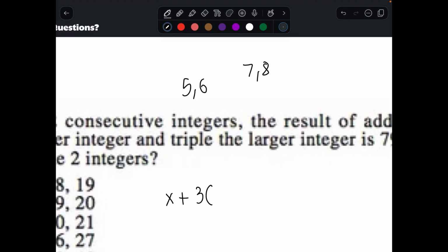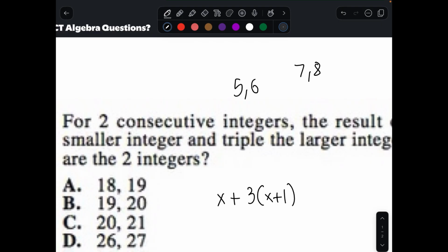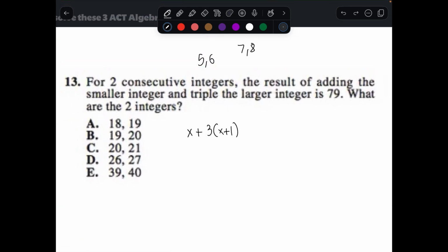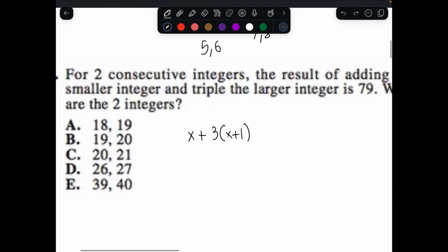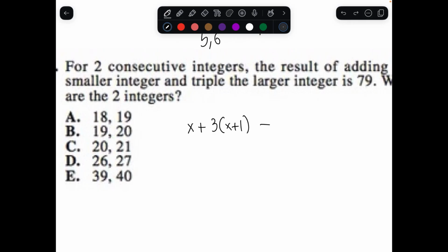So you get the idea. For x, the consecutive integer to x would be x plus 1, right? Because here the consecutive integer is just that number plus 1. And it says that the result of adding the smaller integer to the triple of the larger integer is 79.